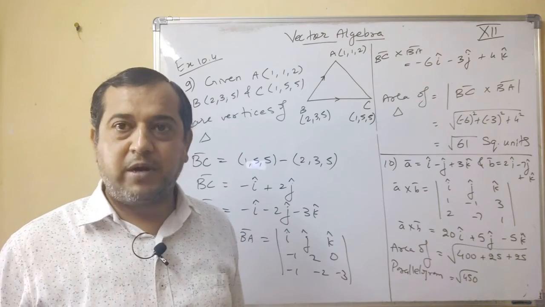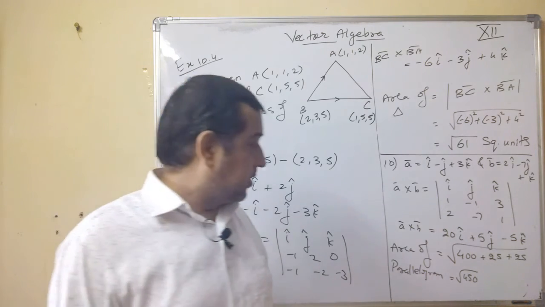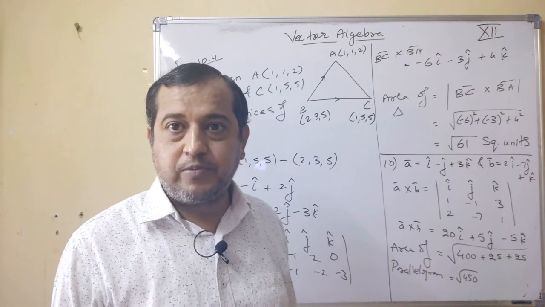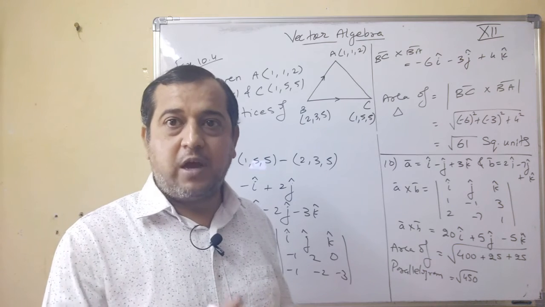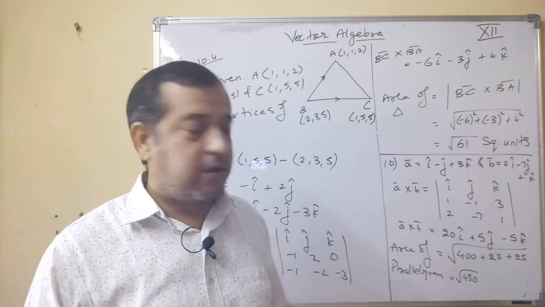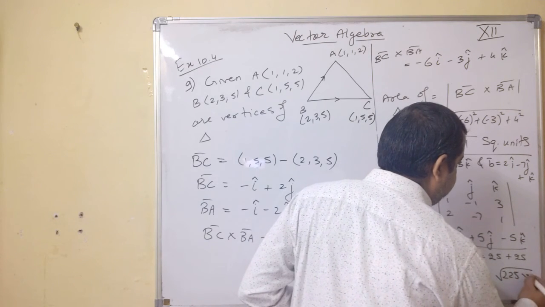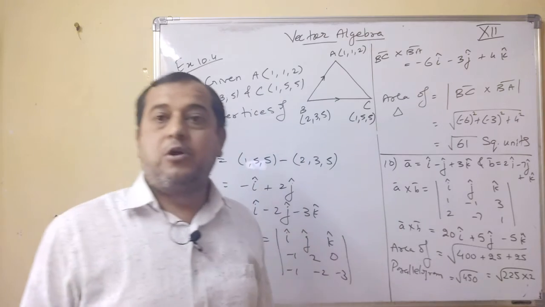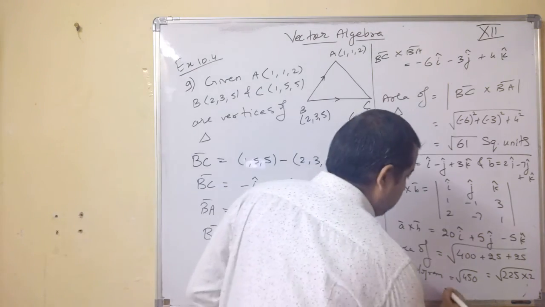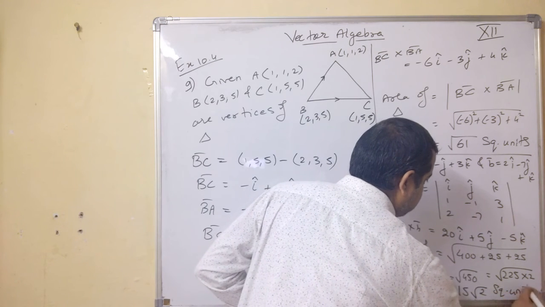Now 450 is 225 into 2. Under root of 225 is 15. So you get 15 root 2 square units.